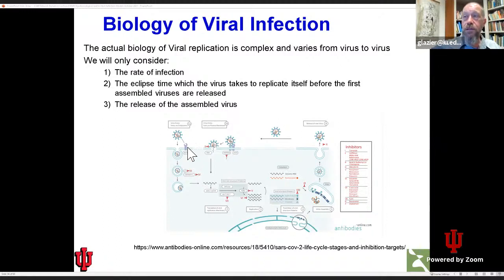SARS-CoV-2 can bind to the ACE2 receptor. That's not a receptor that is there specifically for the purpose of getting virus into the cell. It's a receptor that cells, in particular in the blood, in the vascular system, use to regulate blood pressure. But it unfortunately happens to bind to the spike protein on the viral coat.